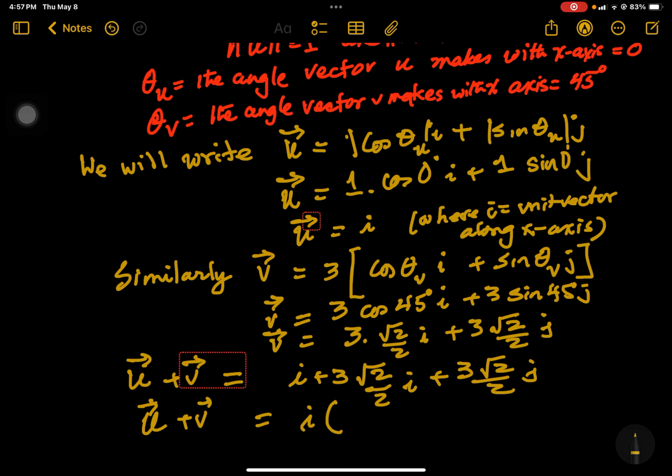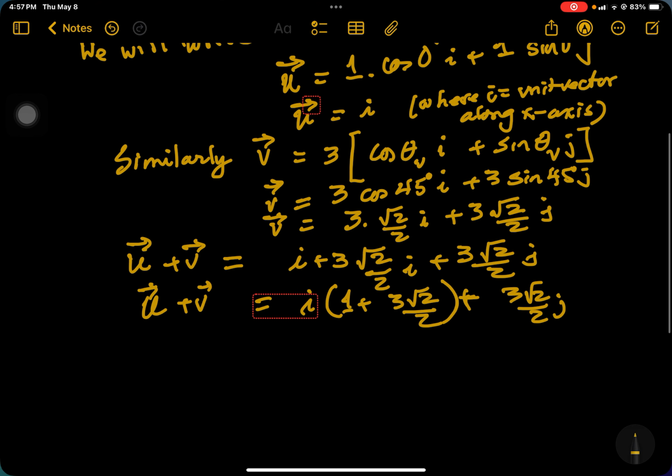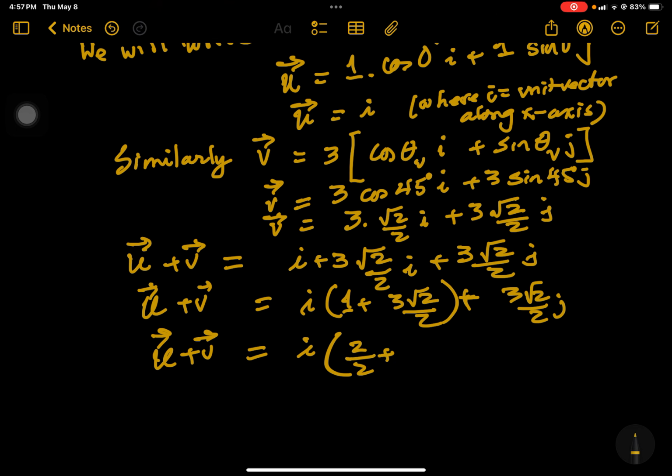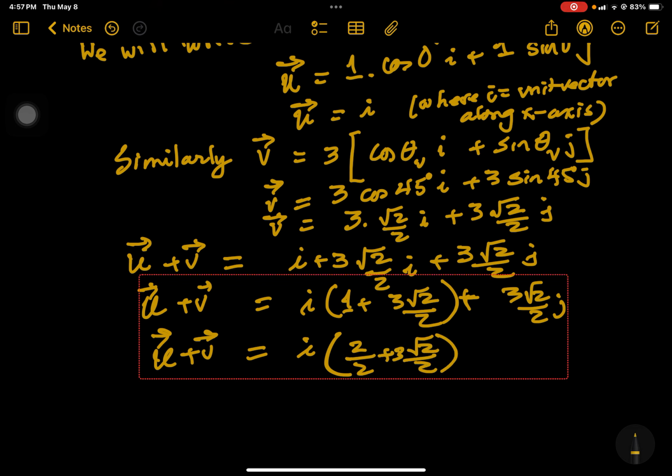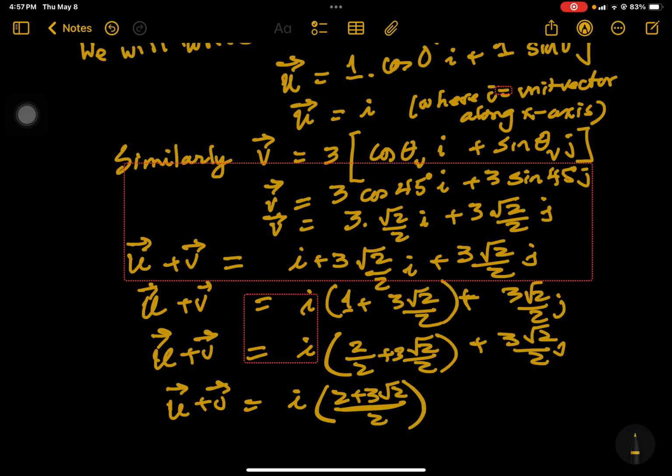If I take i common, it's 1 plus 3 square root of 2 by 2, plus 3 square root of 2 by 2 j, which can finally be written as u plus v equal to i times 2 plus 3 square root of 2 divided by 2, inside parentheses, plus 3 square root of 2 by 2 j.